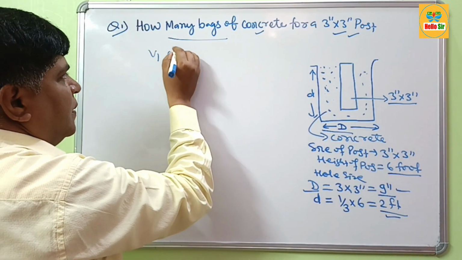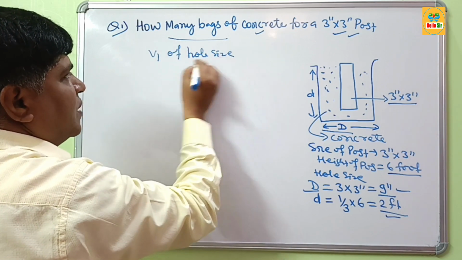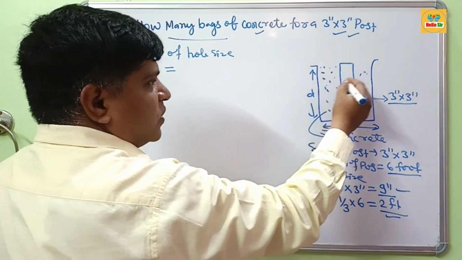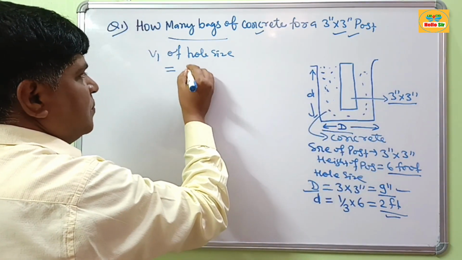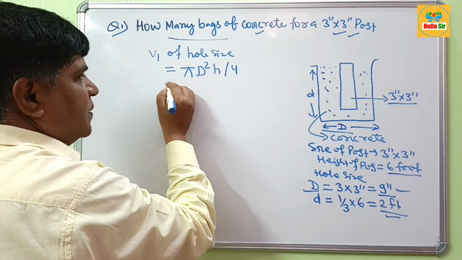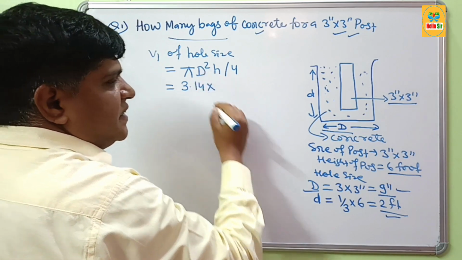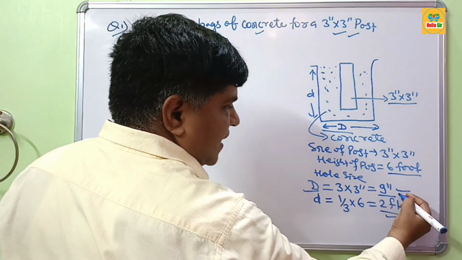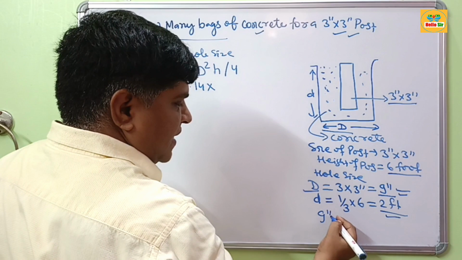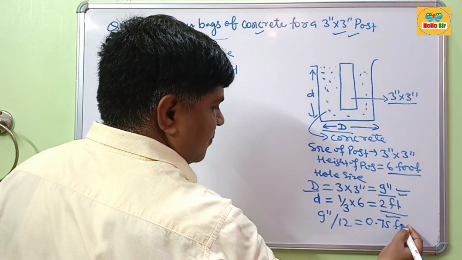Volume V1 of the hole. How do we calculate the volume of this hole? Use the formula pi d square h divided by 4. Pi is 3.14, and d is the diameter, which is 9 inches. If you convert 9 inches to feet, it comes to 0.75 feet.